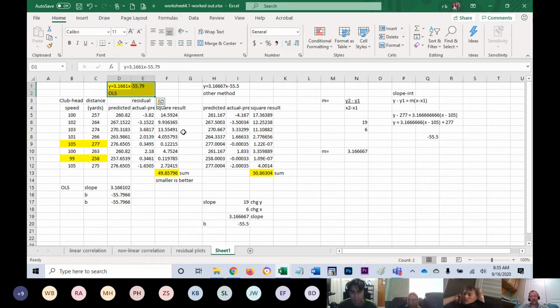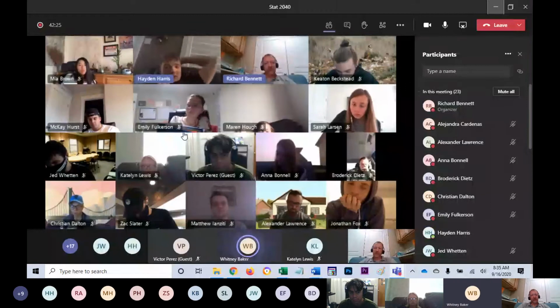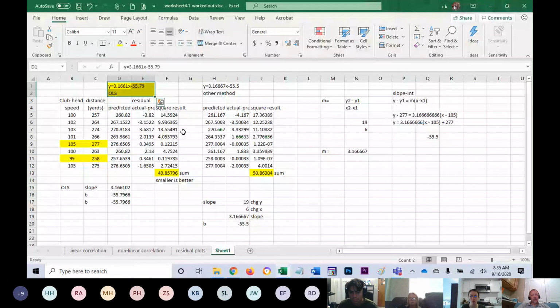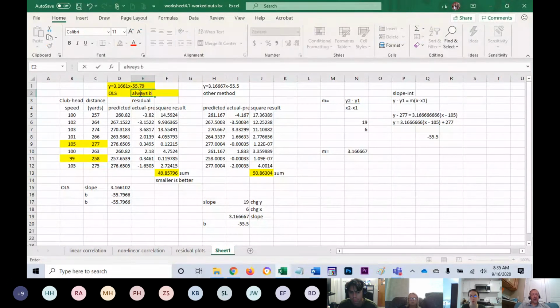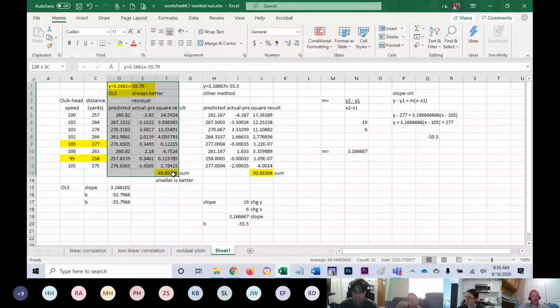Any questions on that? Do you want us to do both methods each time and then show which one's better, or is the ordinary least squares method always better? Ordinary least squares method is always better. Okay. So I only did this to show you that it was better. Okay. This is really all you need to know.